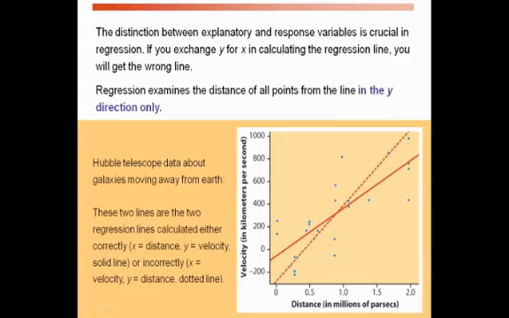So let's take a look. You have to be careful on how you choose x and y. In this particular example, if you chose the correct values of x and y, x should be distance and y should be velocity, then you get the correct regression line, which is this. But if you reverse x and y, you get the wrong regression line, which is that. So you have to be very careful doing a regression on choosing x and y.